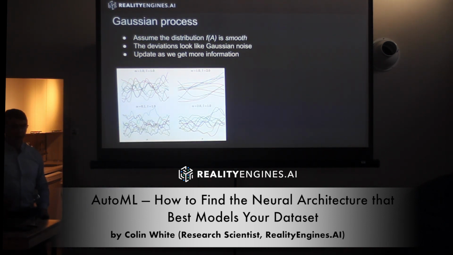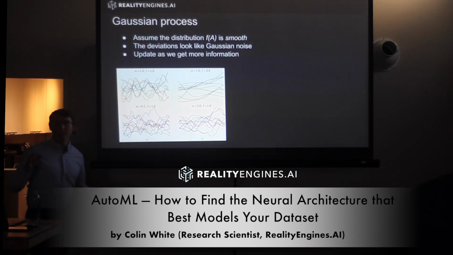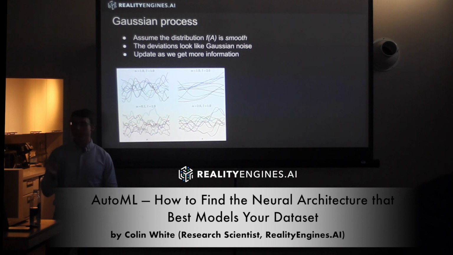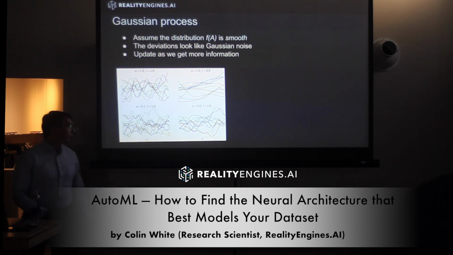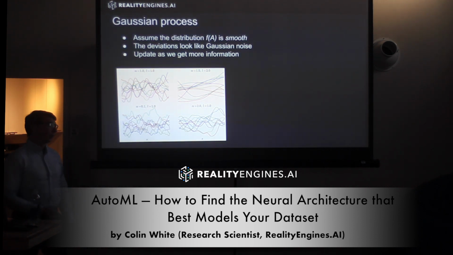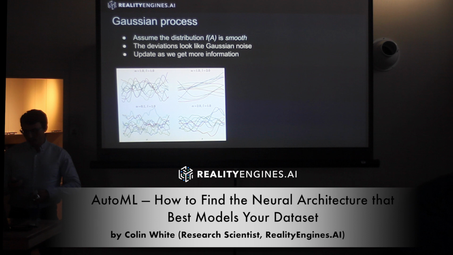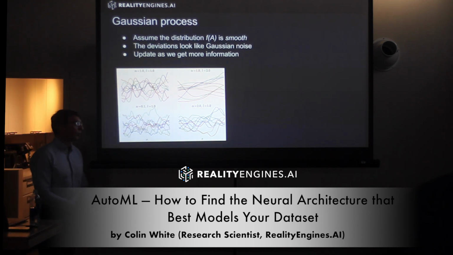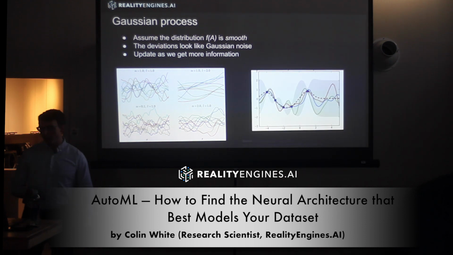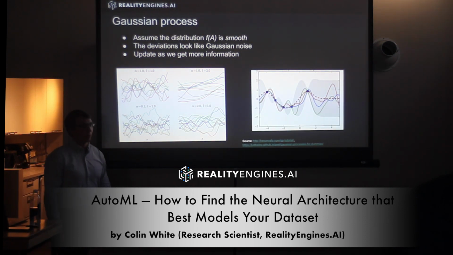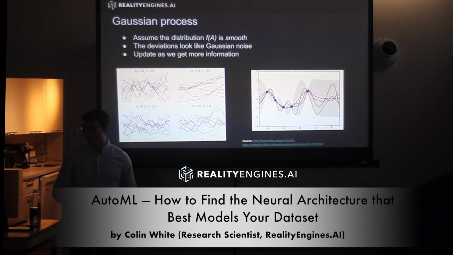And formally, we model this as a Gaussian process, and basically that means, if you know a Gaussian random variable, it's like the function version of that, where we have some function and its deviations look something like random noise. And then at the start, we don't know which function this could be, but as we query more and more points, we get a better idea of what our function is.